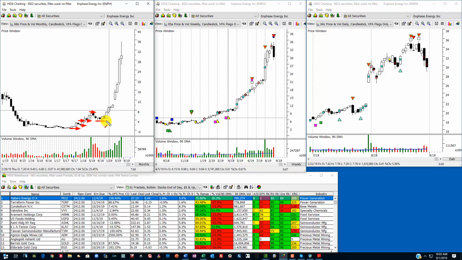But this low does not take out the prior low, so we're still in an uptrend, and then this stock really starts taking off. So the fractals are building to the positive side on all three charts.